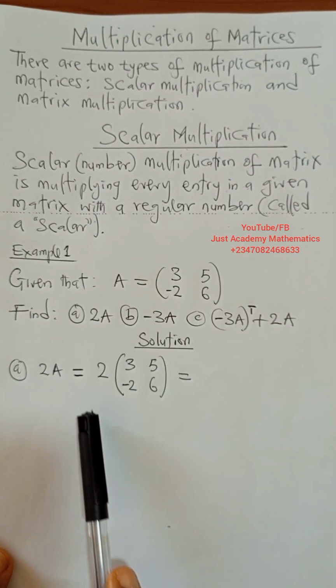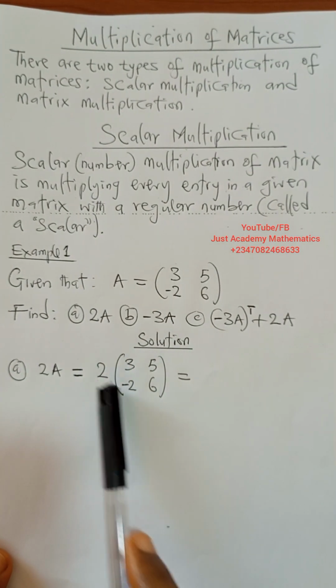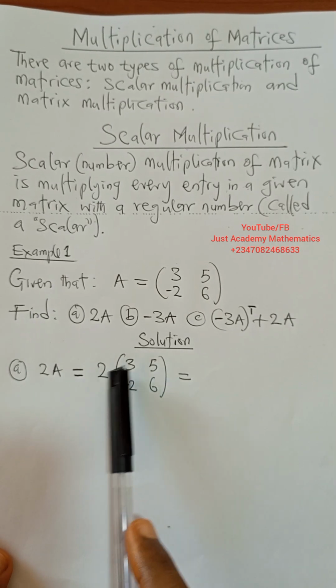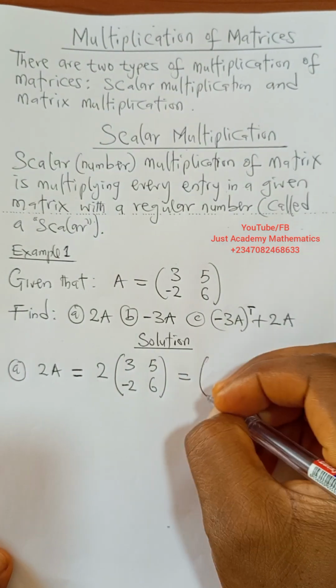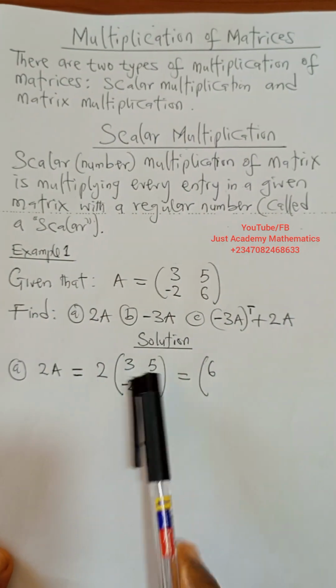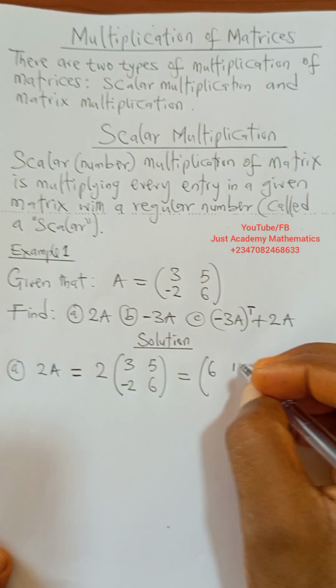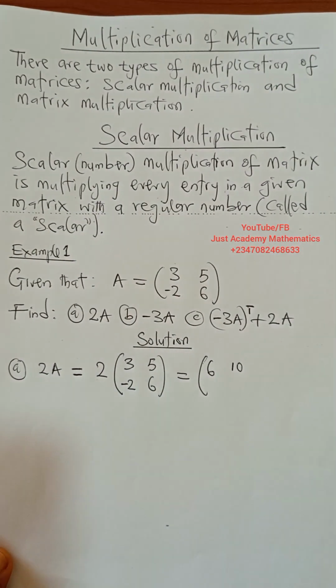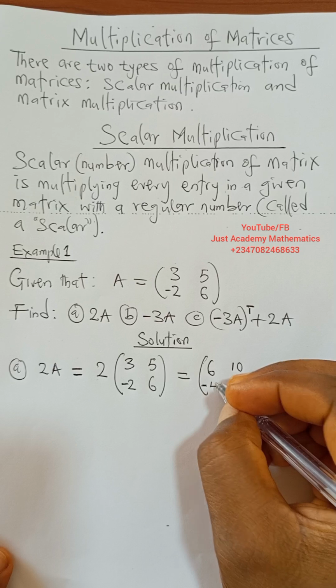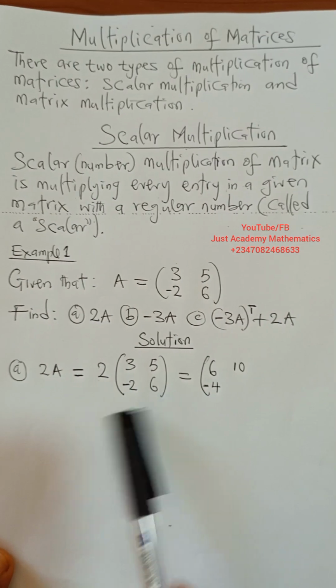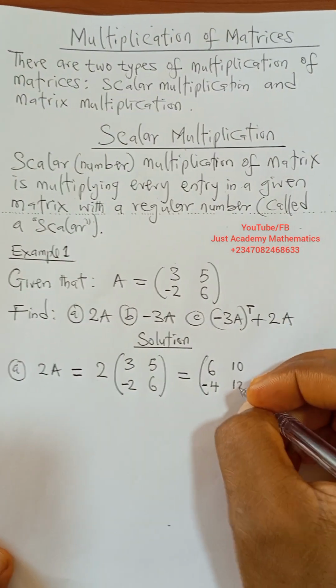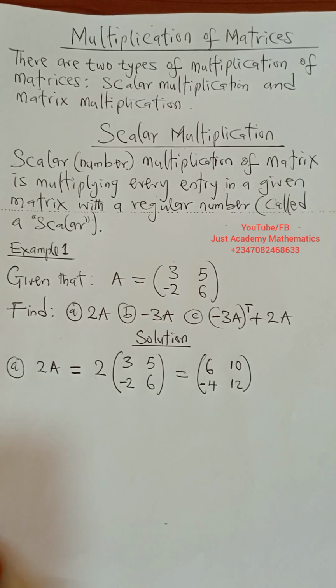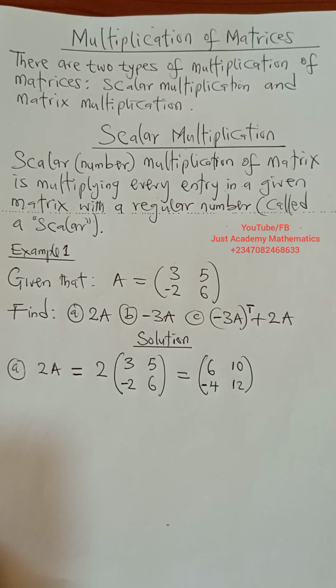Just use 2 to multiply all the entries here. 2 times 3 is what? 6. And 2 times 5 is what? 10. 2 times minus 2 is what? Minus 4. And 2 times 6 is what? 12. This is the answer of 2A. Can you see it's very simple?